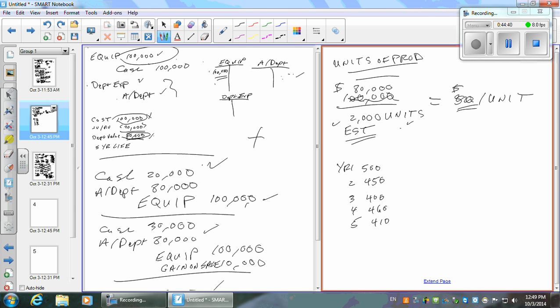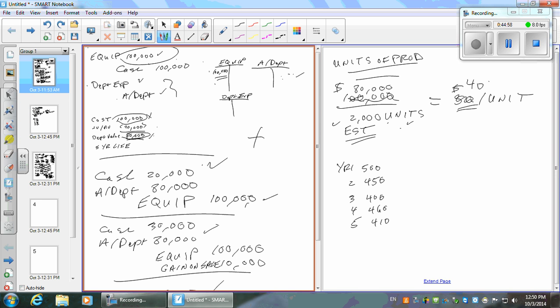And what do I get per unit? $40. If I depreciate over the 2,000 units, $40 every time I produce a unit, I will have how much accumulated depreciation after I do that? 80,000. And what'll be my remaining book value? My salvage, or 20,000. Everybody got it? So be sure and use the 80, not the 100. Everybody get the picture? It's just like straight line, only I'm doing it over the number of units.